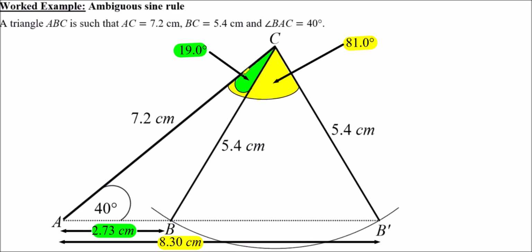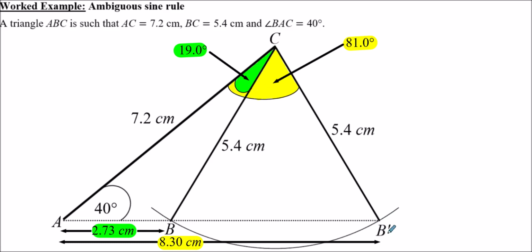The smaller angle for C of 19.0 obviously corresponds to the smaller side length of 2.73. Here, the side BC could go here, or imagine this being the compass needle swivelling around along this arc. B could have been over here, which I've called B dashed.